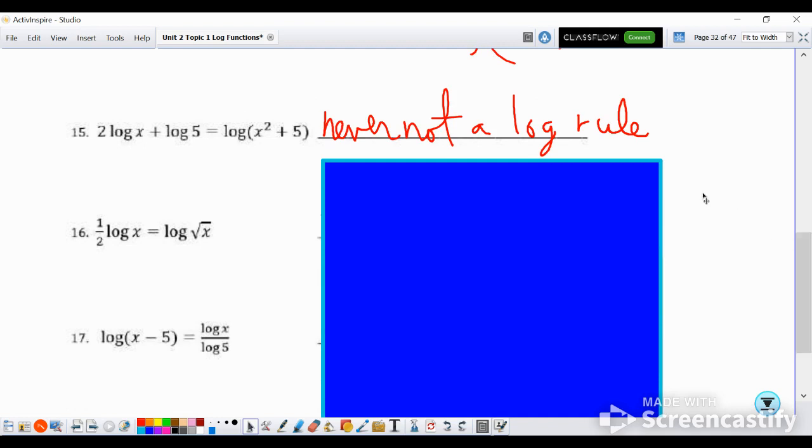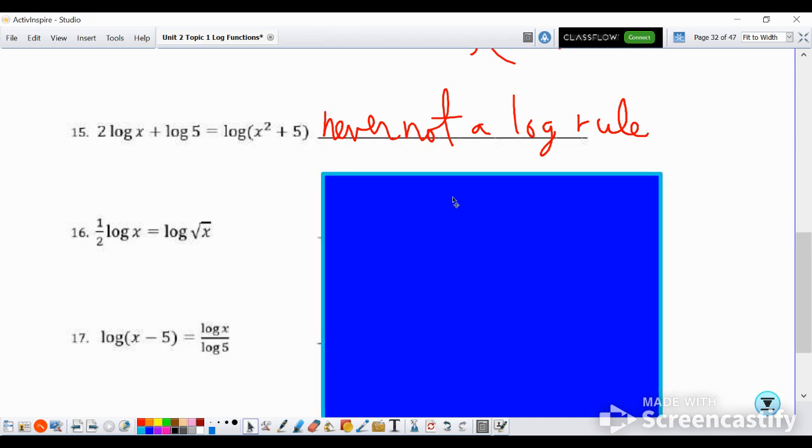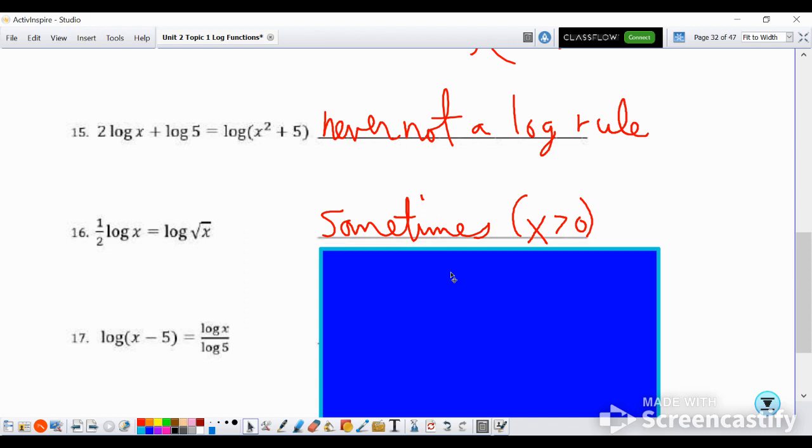Number 16. 1/2 log x is the same as log square root of x, because if you move the 1/2 to the argument using the power rule, you first have log base 10 of x to the 1/2, which is the same as log square root of x. And again, that will always work as long as x is greater than 0.